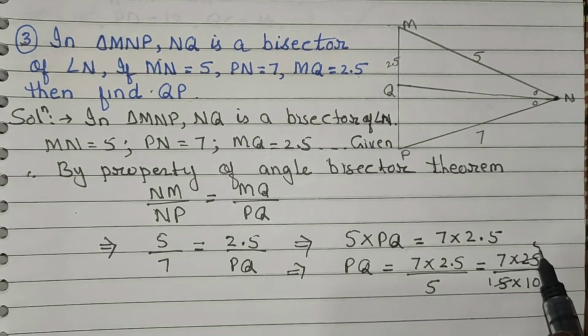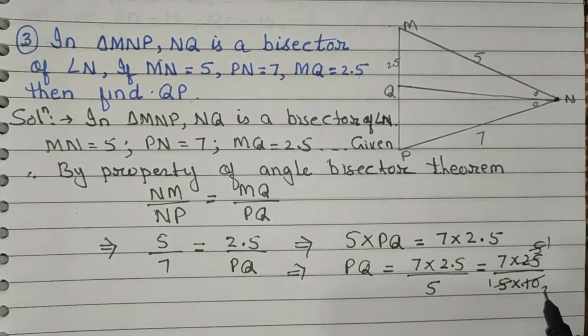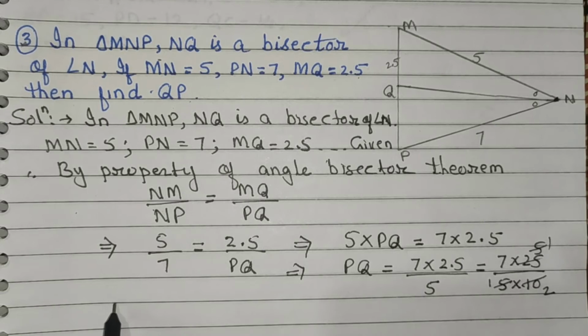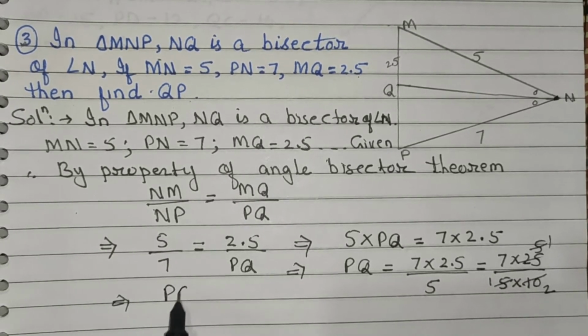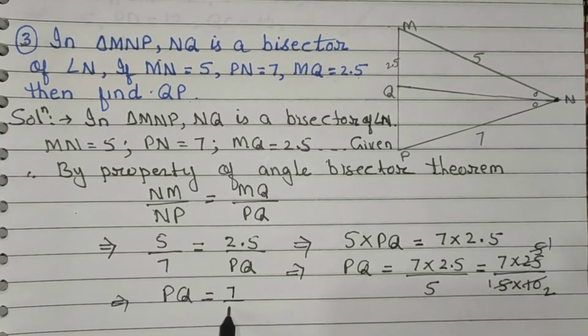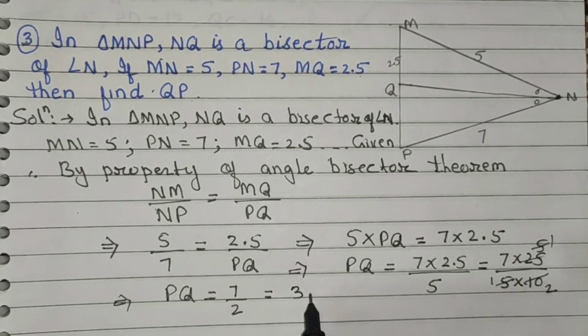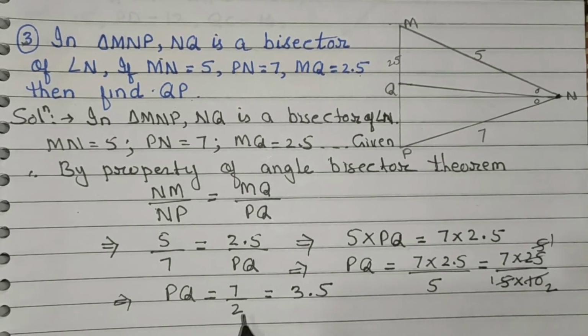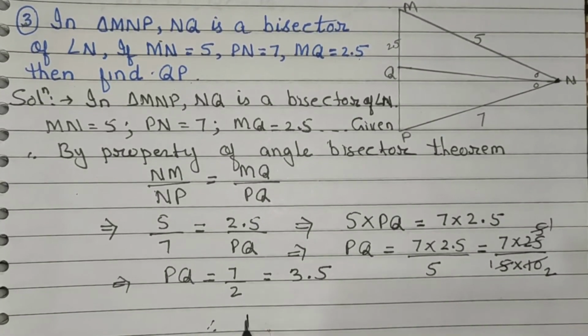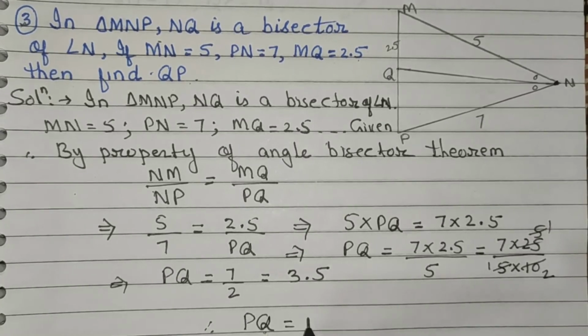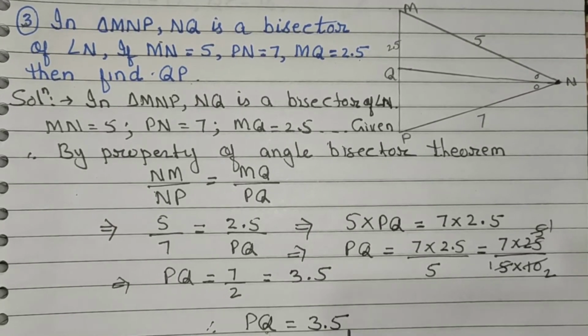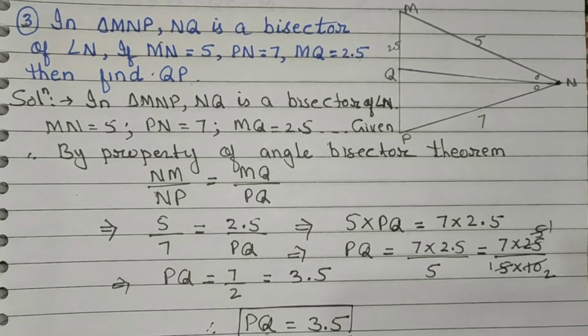Therefore we get PQ is equal to 7 upon 2. Now we get 3.5. Therefore the value of PQ is equal to 3.5. It is the answer.